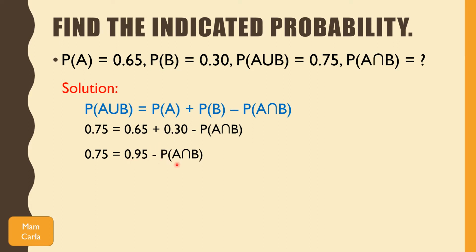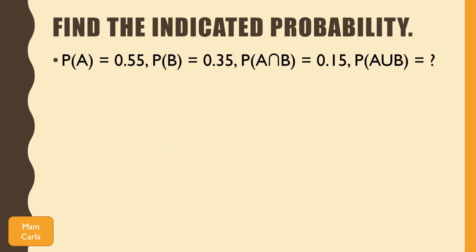Since we are looking for the probability of A intersection B, we transfer it to the left side of the equation. There we have probability of A intersection B equals 0.95, and we change the sign of 0.75 into negative 0.75. Simplifying, the probability of A intersection B is equal to 0.20 or 20%.